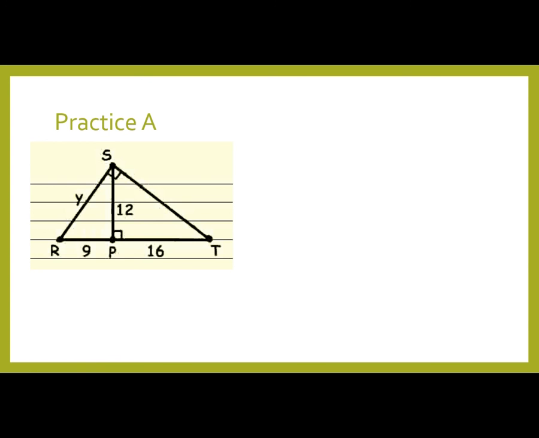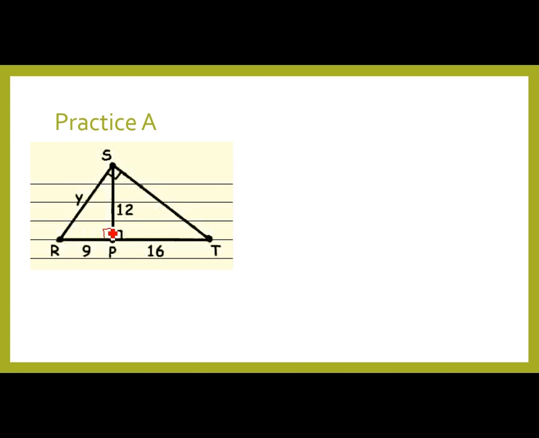So here's practice A. Practice A says use proportions to find y. So here's a situation where we have this right triangle and we've used an altitude to split it into two smaller right triangles, and all three of those, remember, are going to be similar.